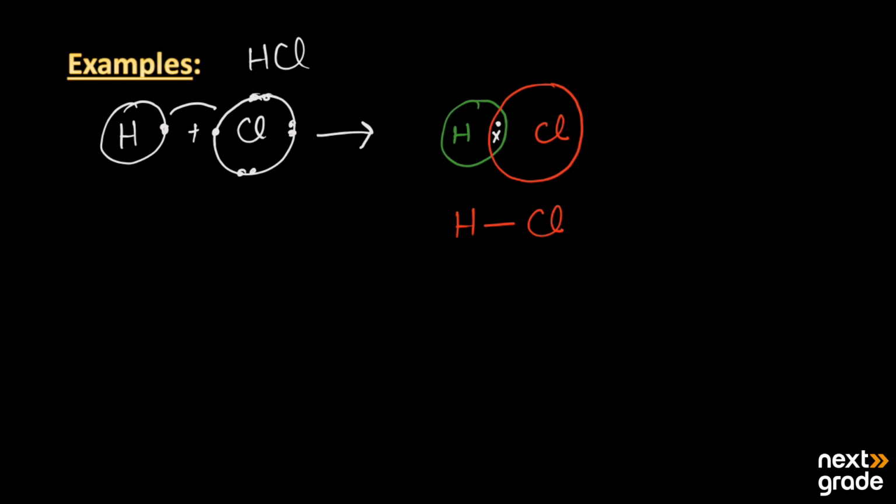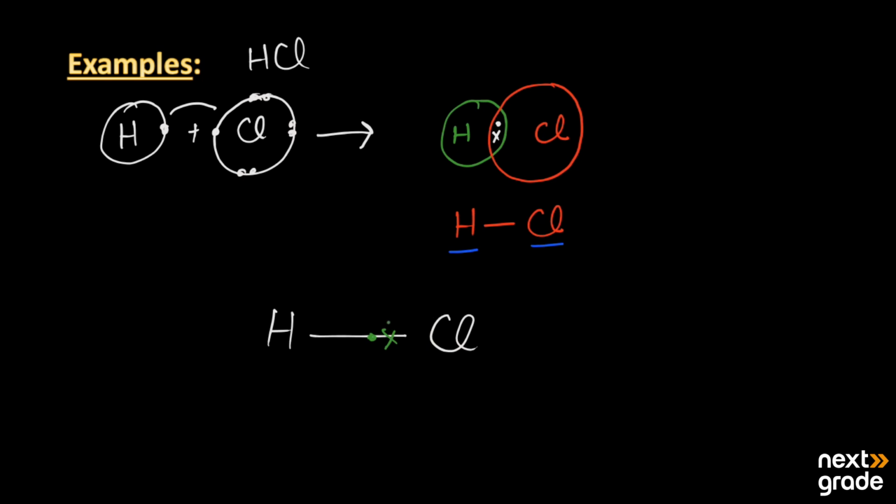Now, how is this covalent bond polar? The electronegativity of chlorine is more as compared to hydrogen, so the shared electron pair will be attracted more towards the chlorine.